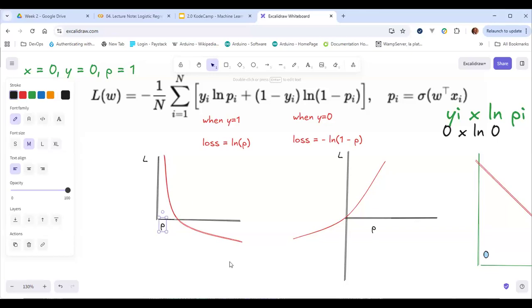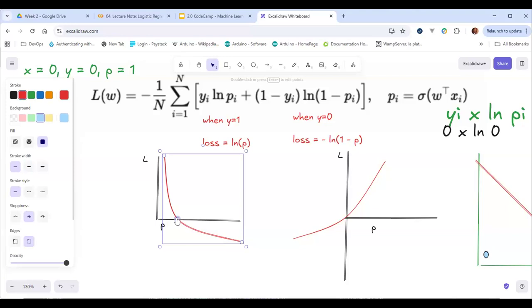But here's the thing. Remember that the value of p is probability. And we already saw that, first of all, we know that probability cannot exceed 1. The value of probability is always between 0 and 1. So what that means effectively is that this part of the curve after 1 does not really come into play. It doesn't exist in this context.